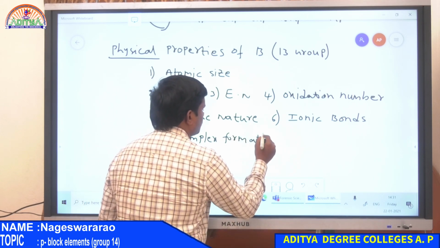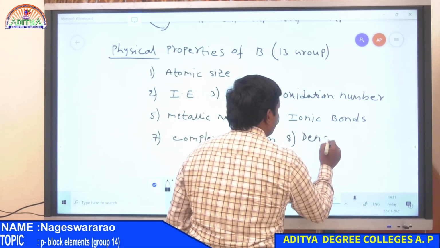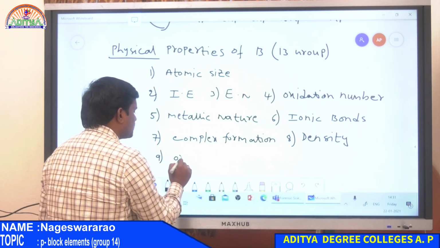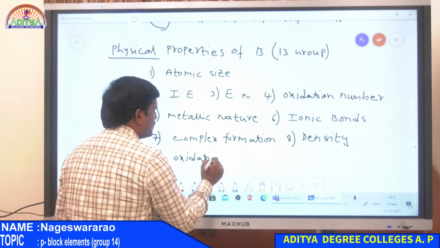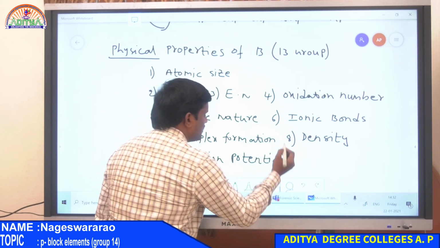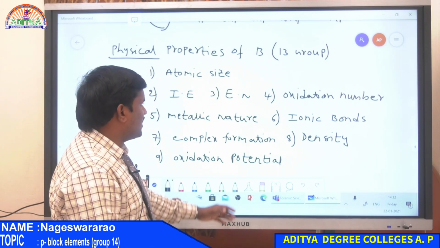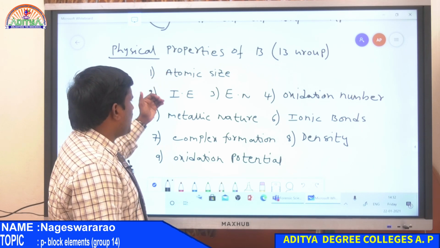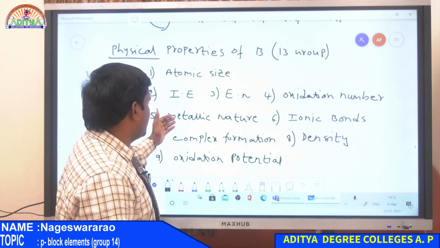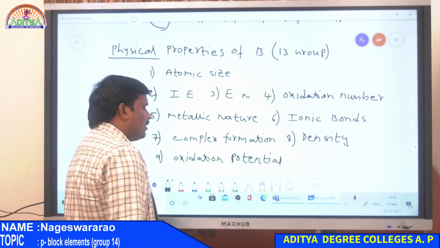The eighth is density, and the ninth is oxidation potential values. So all these are physical properties of the 13th group elements, that is the boron family. In our last class we already discussed atomic size, ionization energy, electronegativity, oxidation number, ionic bond and metallic nature. And now complex formation, density and oxidation potential.